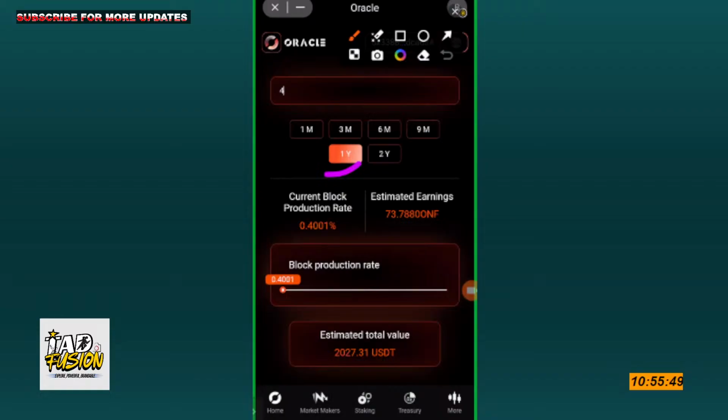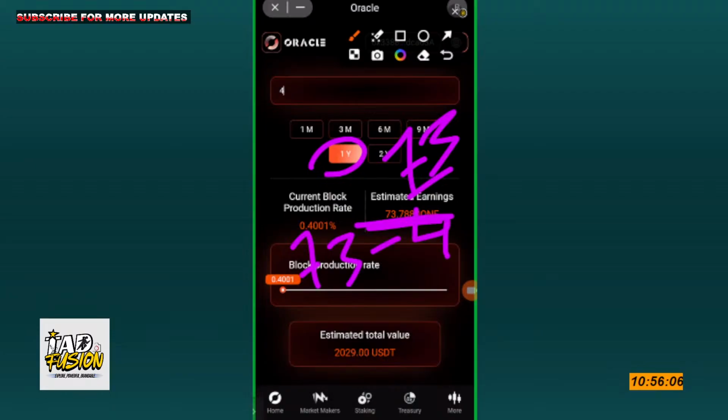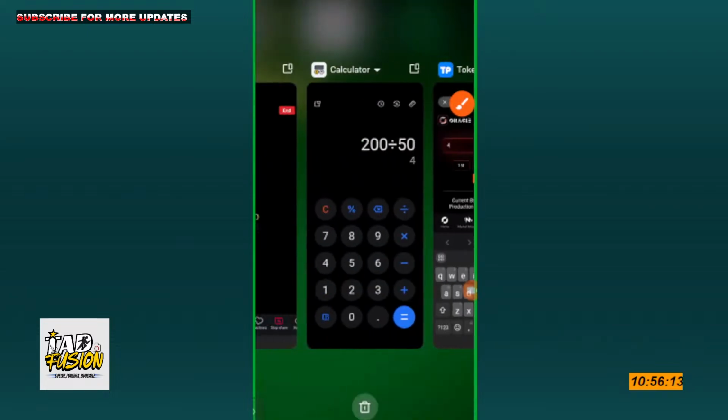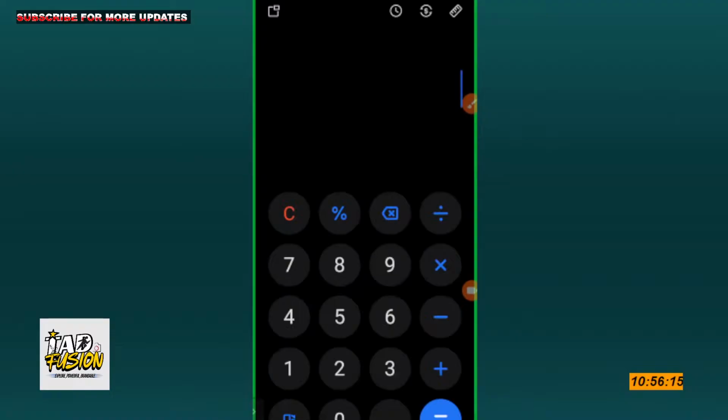After 1 year, you will be having 73 coins. Now, 73 coins minus 4. Let's calculate very well.